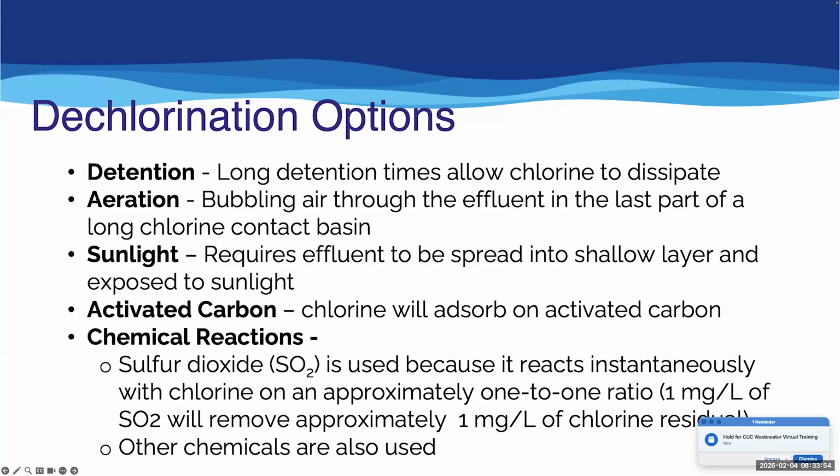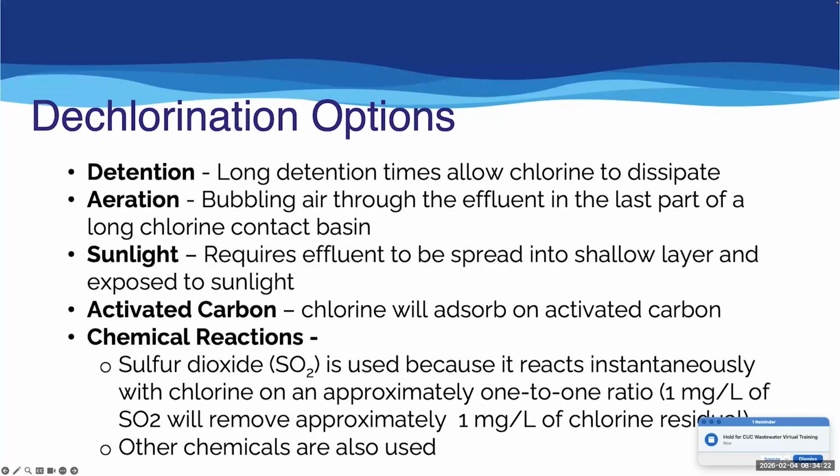Sometimes in a long contact basin, they'll have aerators at the end, and the aerators will effectively mix with the residual chlorine that's left and help it dissipate into the atmosphere. Sunlight will actually do it. If you leave chlorinated water out for long enough, the sun will do its job, and that chlorine will dissipate or turn into other compounds.